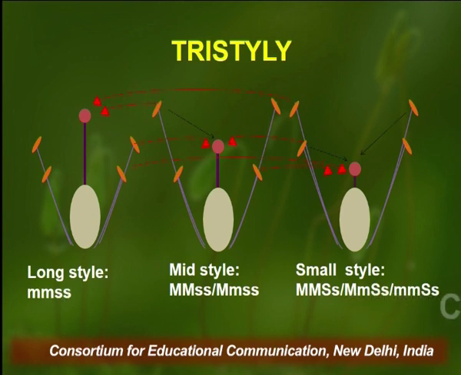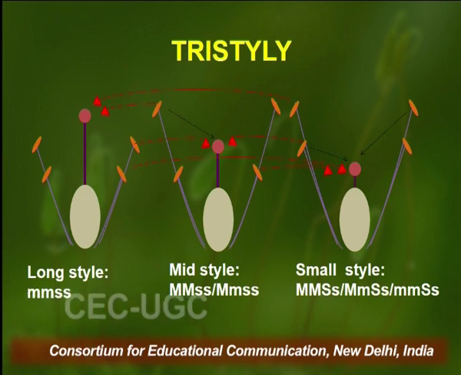The stamens are in two whorls and these two whorls occupy different levels. So, now we have three different lengths in each flower. At one length there is the style and at the other two lengths are the two whorls of anthers which are present.